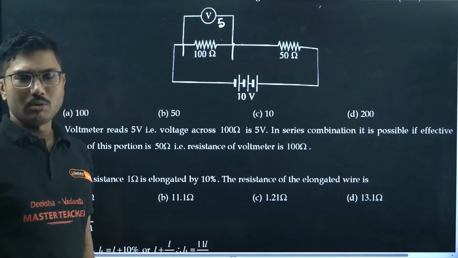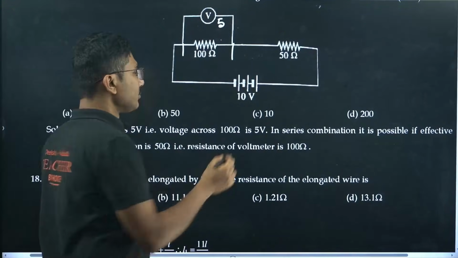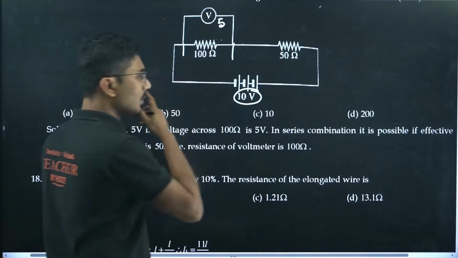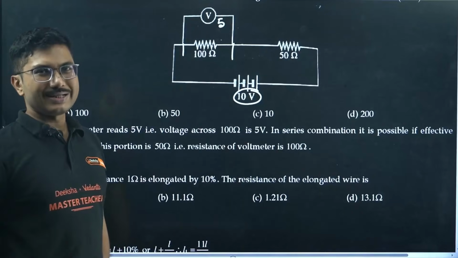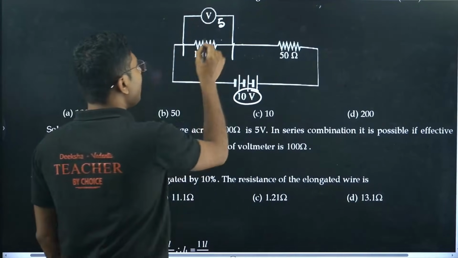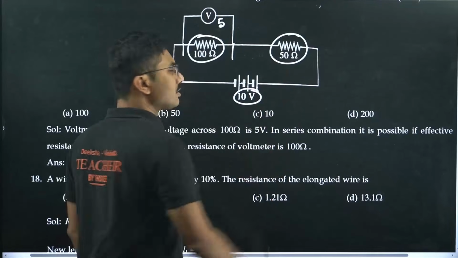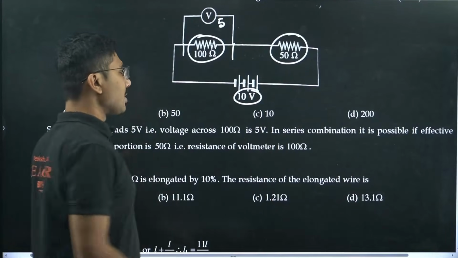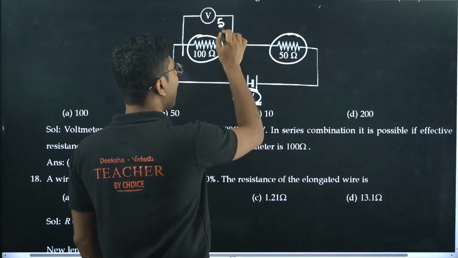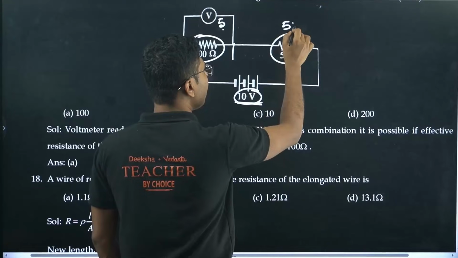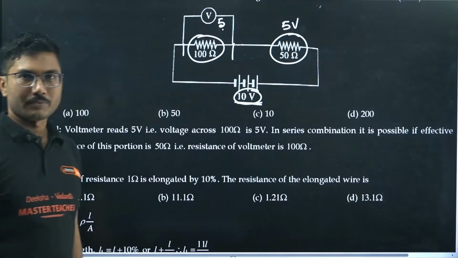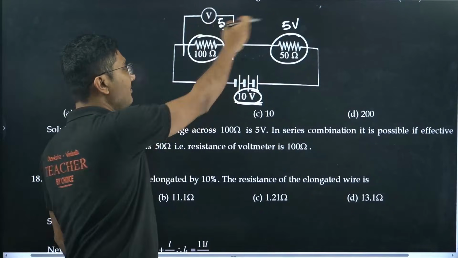Now how to solve it quickly? The given voltage is 10 volt. If the voltage across this one is 5, then what is the voltage across the other? From conservation of energy, if the total is 10 volt and 5 is across this, the other will also have 5 volt. Very simple, 10 minus 5 equals 5.